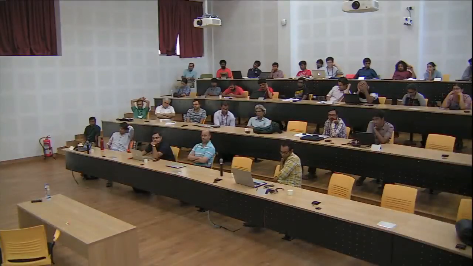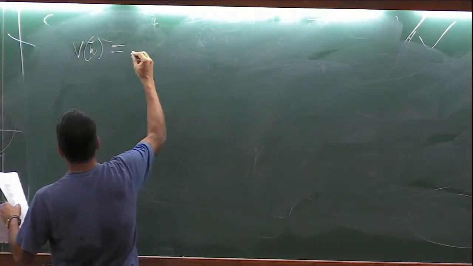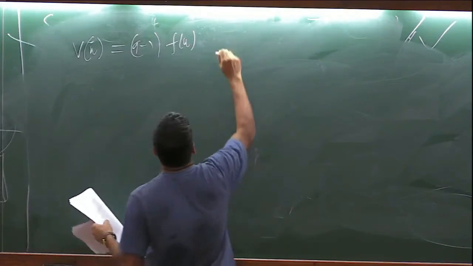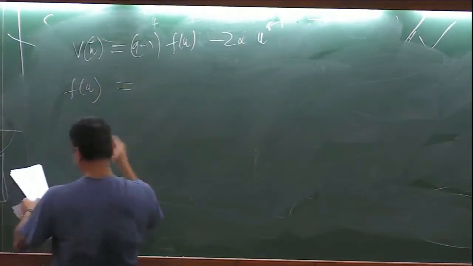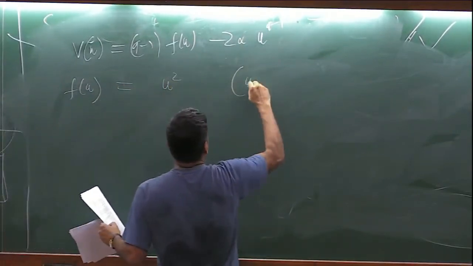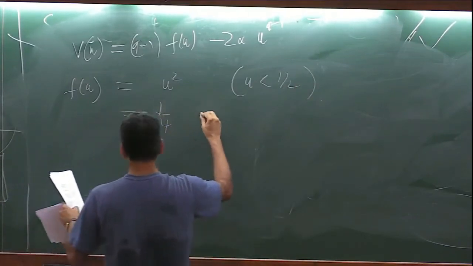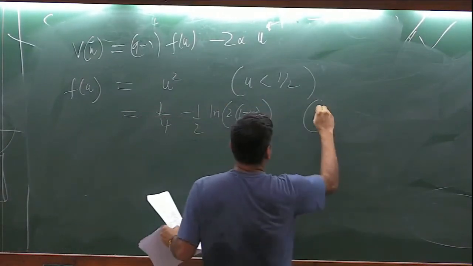Okay, and the effective potential is V of u equals q minus 1 times f of u minus 2 alpha u to the power q minus 1, where f of u has a discontinuity. It is u squared for u less than half, and is equal to 1/4 minus half log of 2 into 1 minus u for u greater than half.